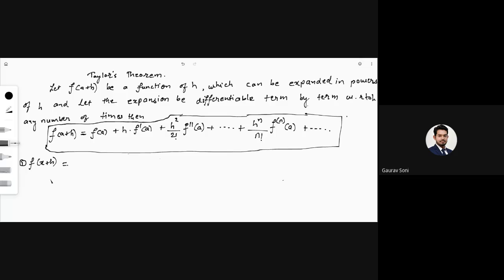Then x is replaced by a in the above one: f of x plus h into f dash of x plus h square by 2 factorial f double dash of x and so on, h raised to n upon n factorial f n of x.